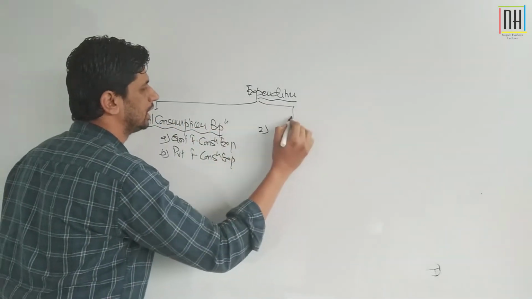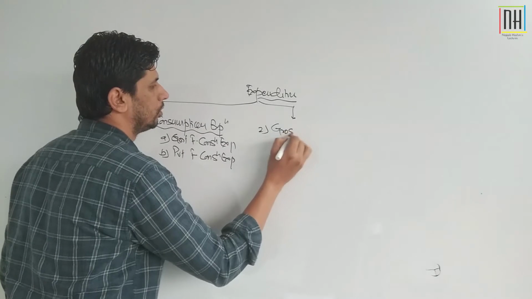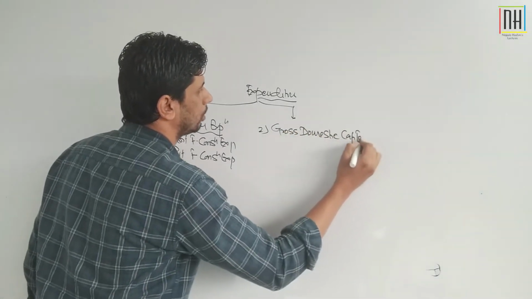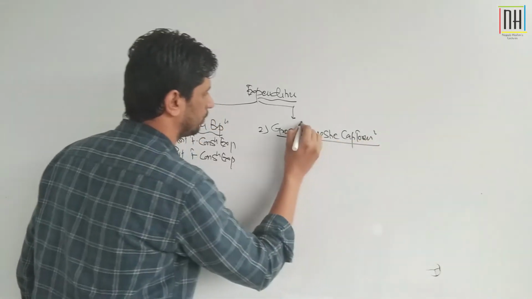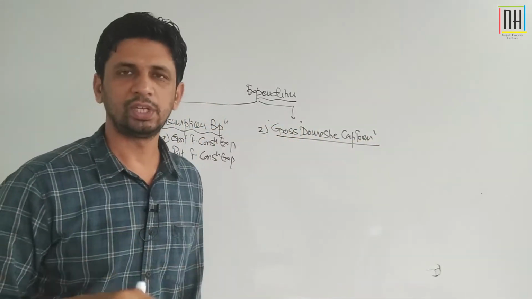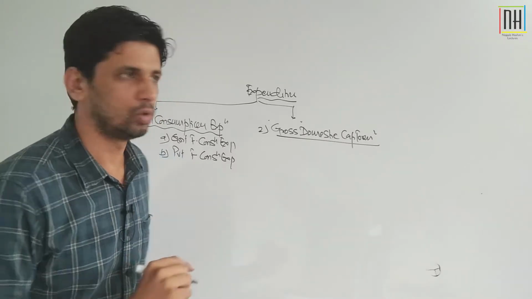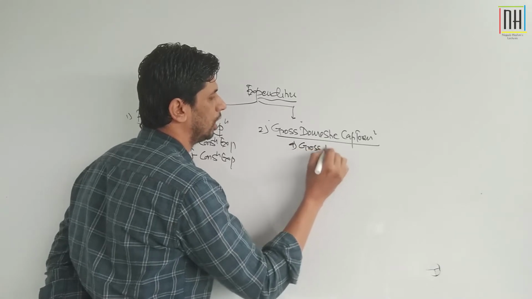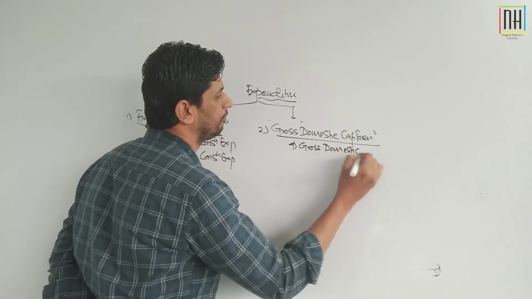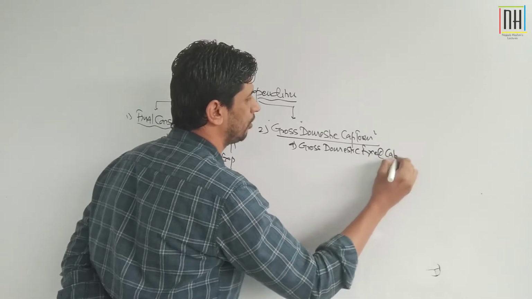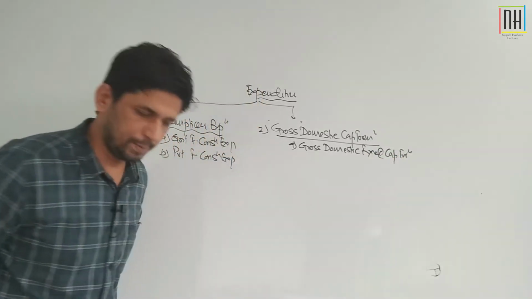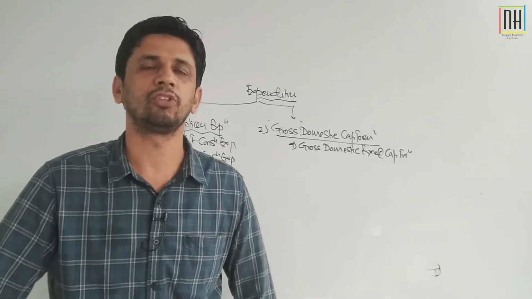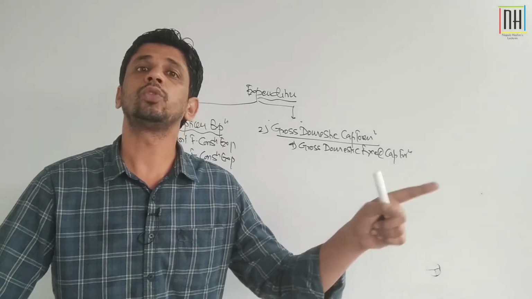Number two is the gross domestic capital formation. The word gross means it includes the value of depreciation. It has two sub-constituents. First, gross domestic fixed capital formation, which covers whatever investment we are doing in our economy that is related to fixed assets.